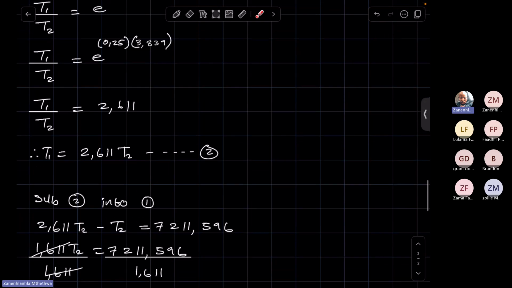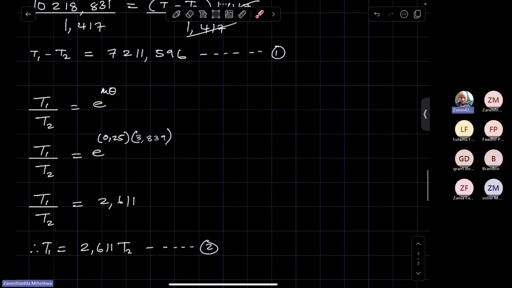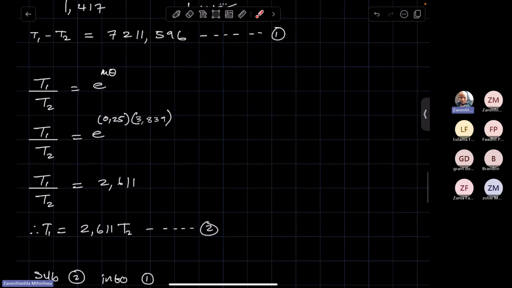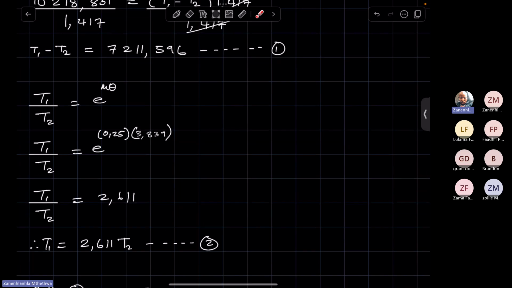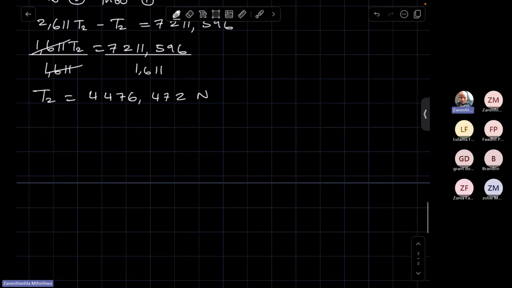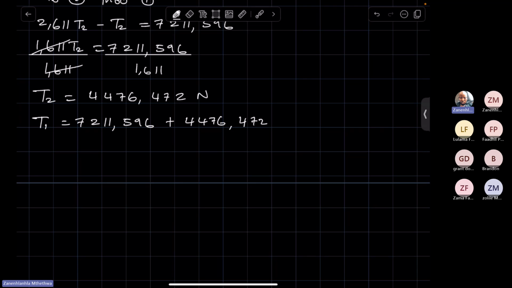And then to get T1, you simply substitute it into either of these equations, right? I prefer using this one. So T1 will be equal to this here plus T2, so T2 is 4476,472, right? 7211,596.